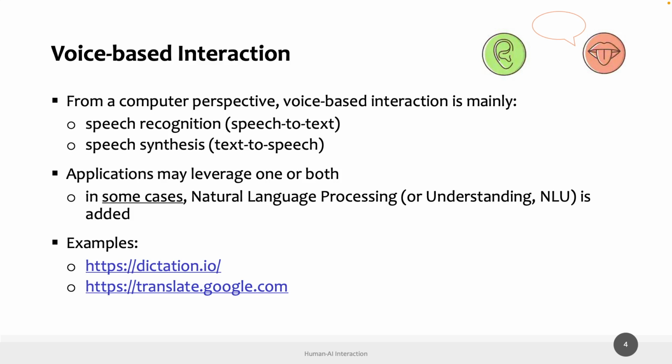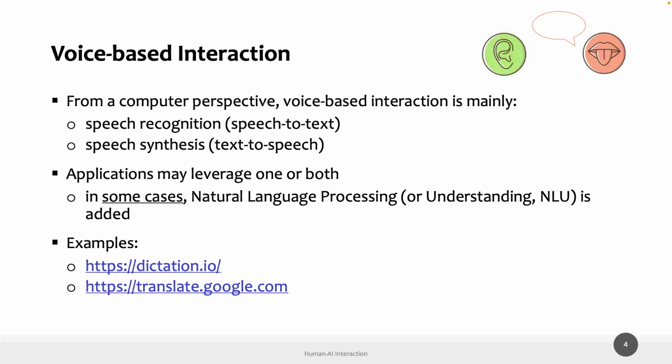So in some cases, like in Alexa, there is this part of natural language processing. This is the hard part of this kind of device. So Alexa is, in theory, able to understand what you are saying, the meaning of your speech, in order to provide a response.